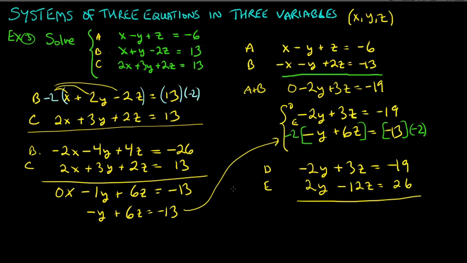Okay so far? Well, when we add d plus e now, you can see we eliminate the y's. This is 0y. This is negative 9z. And then 26 minus 19 is 7. That wasn't supposed to happen, so hang on.